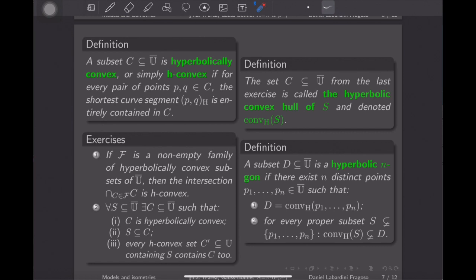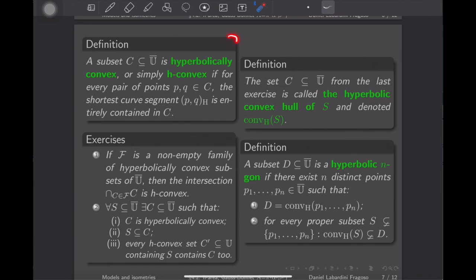But another thing to note is that while in Rn the points in this open segment can be written as linear combinations of the form lambda times one of the points plus 1 minus lambda times the other point, we cannot do that in the hyperbolic plane.